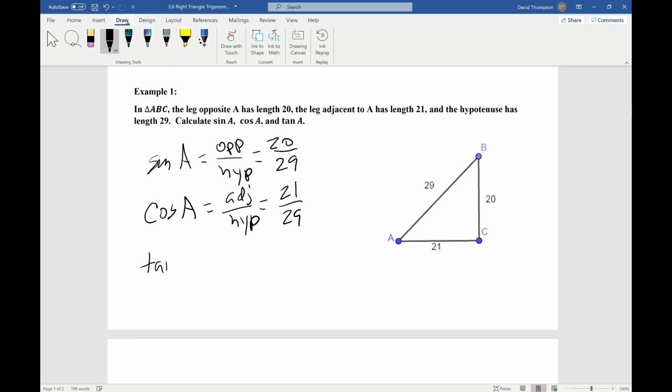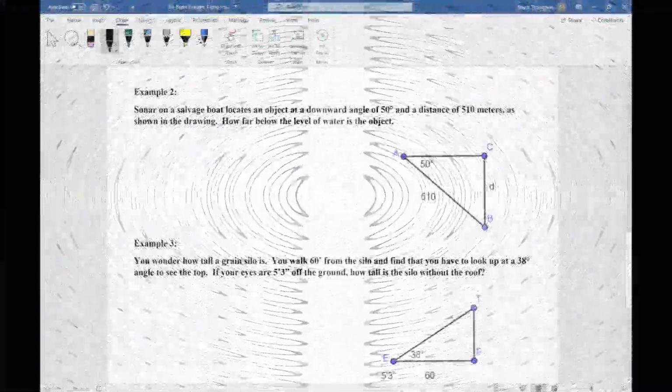And to find tangent of A, that's going to be opposite over adjacent, and in this situation it's going to be 20 over 21, and we've solved this right triangle, and we're done.